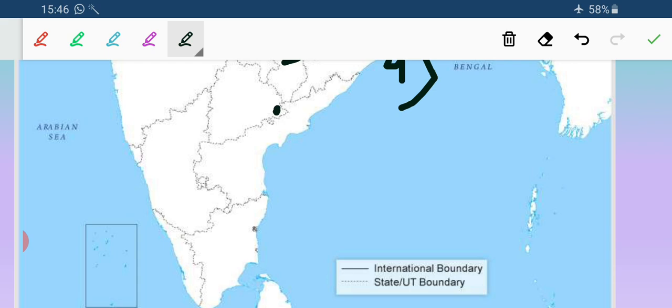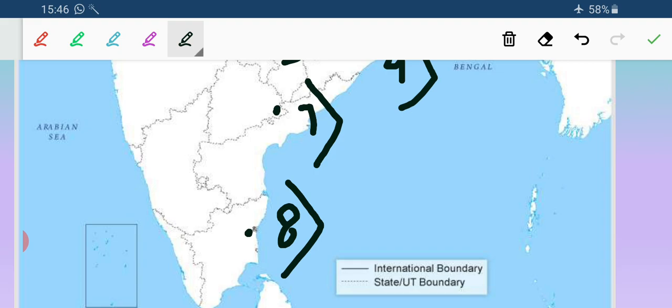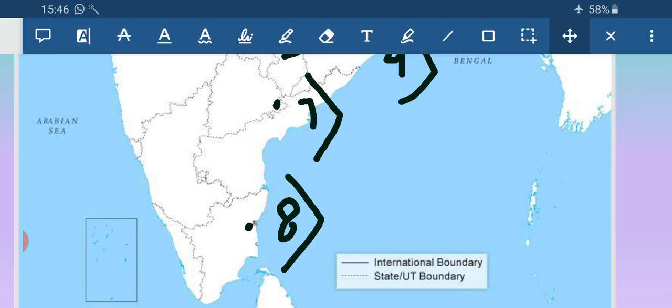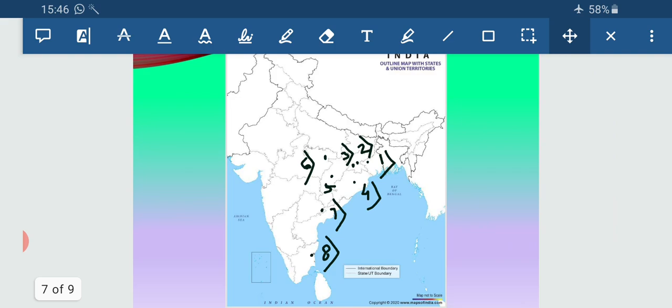It is plotting number 7. And lastly, plotting number 8 in the state of Tamil Nadu, that is Neyveli. Plotting number 8, Neyveli. So, these are the plottings of coal.